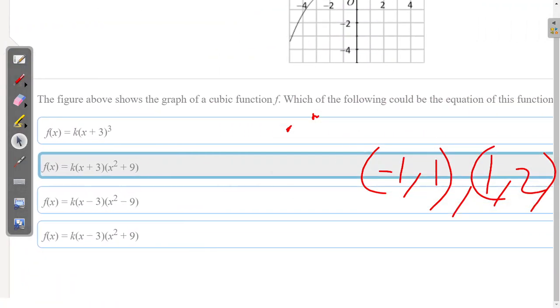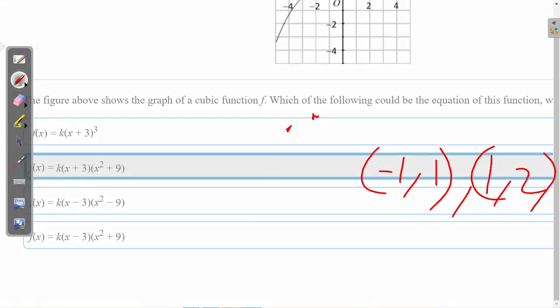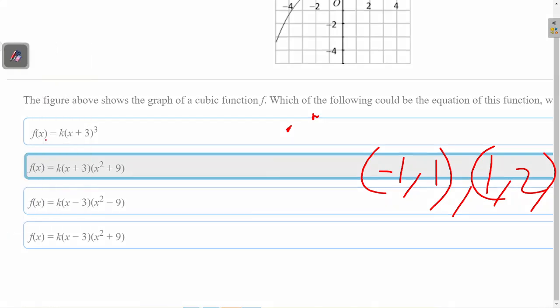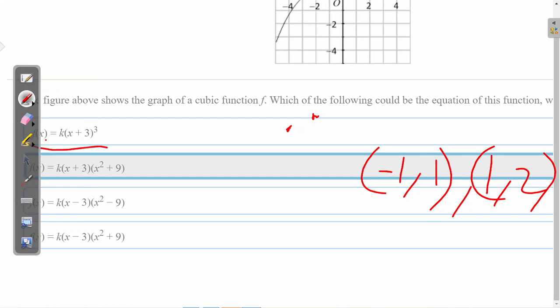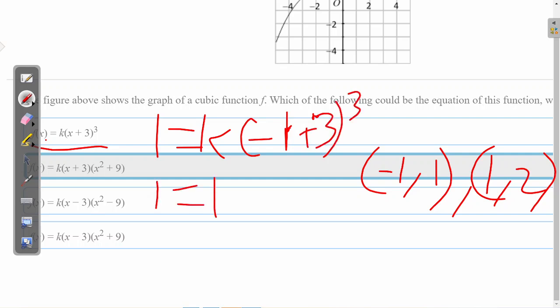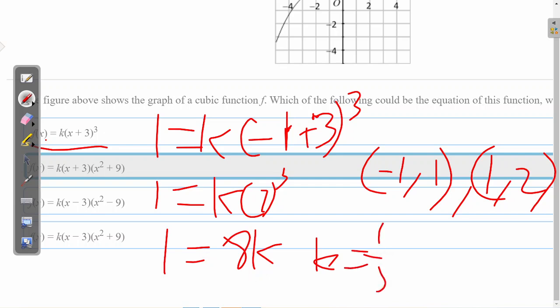You substitute in this equation first. So 1 equals k(-1 plus 3) cubed. So 1 equals k times 2 cubed. 1 equals 8k. K equals 1 over 8.